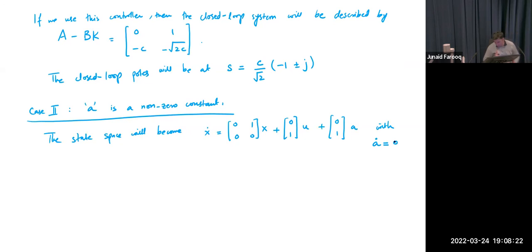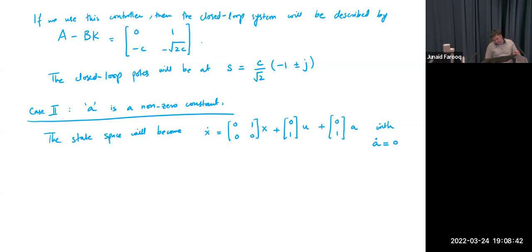So that's a special way of handling constant inputs. So A is an input, but the evolution in A is not there. So the change in A with time is 0.